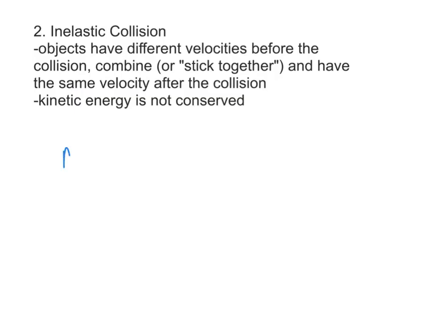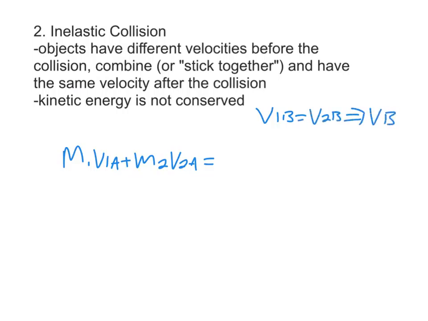Different velocities before the collision, so m1v1a plus m2v2a equals the same velocity after the collision. So that means that v1b equals v2b, and we can just call that vb.